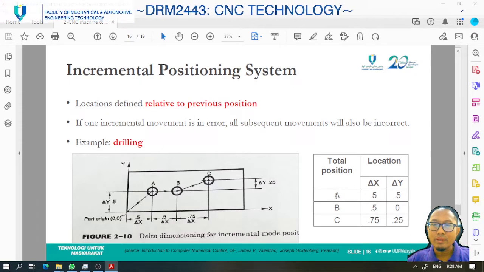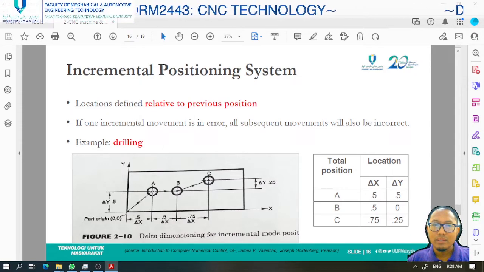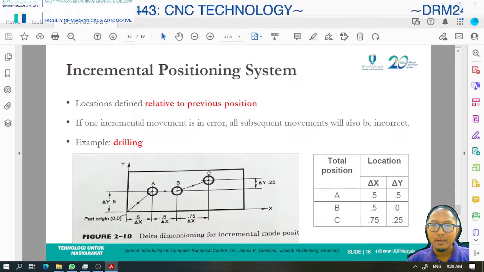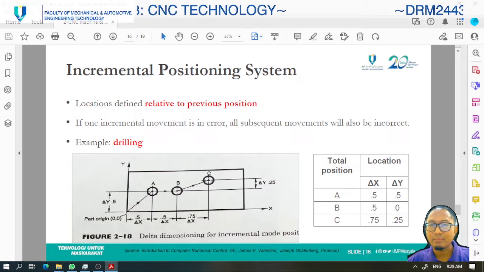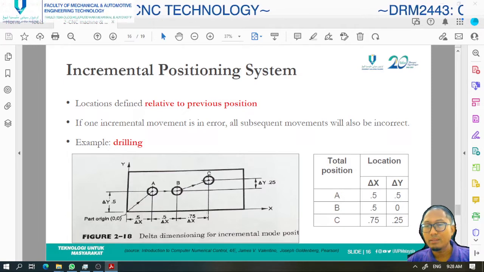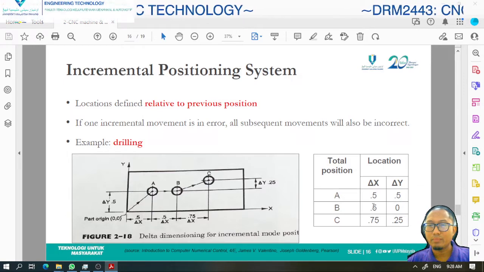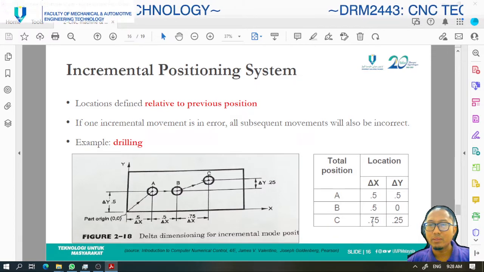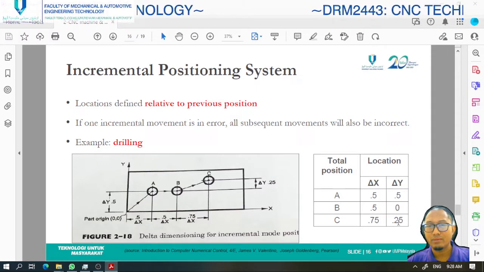And then from point A move to point B. It is at the same y-axis, so it will remain 0, but at x-axis it increases 0.5 towards the positive direction. So we add 0.5 and 0, and so on. C will be 0.75 and 0.25.